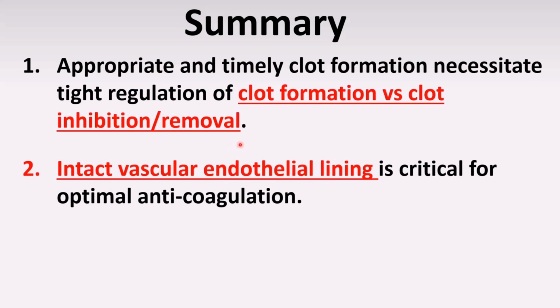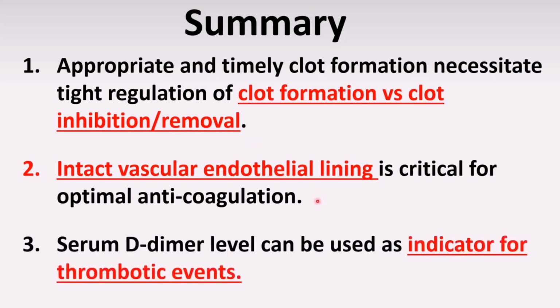The second important key message is that your intact vascular endothelial lining is absolutely critical to ensure that the coagulation system functions optimally. The third and final learning from this recording is the fact that your D dimer level in the serum is a good indicator of thrombotic events.